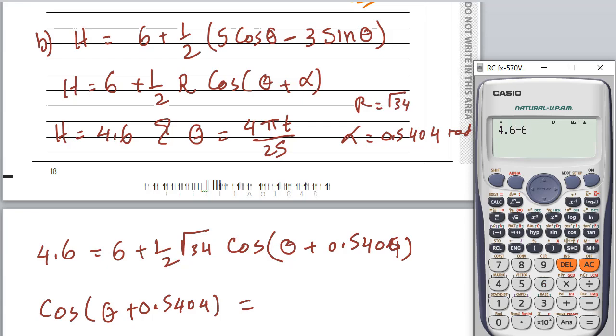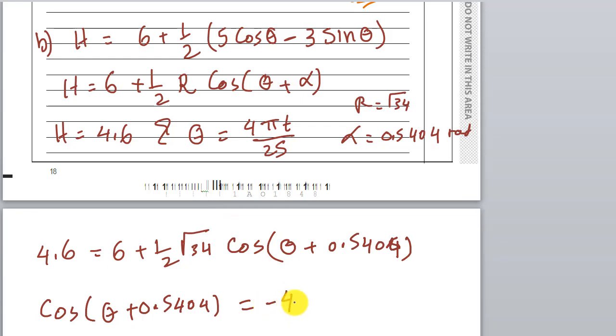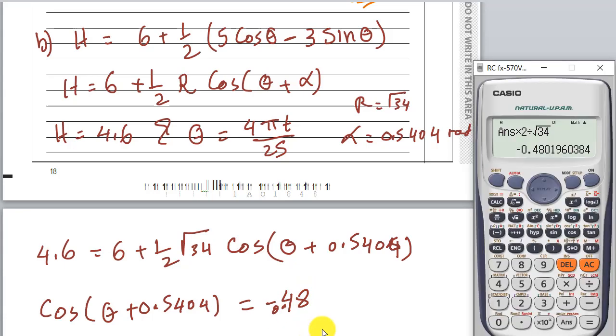4.6 minus 6 multiplied by 2 divided by square root of 34. So this is our cosine, which is equal to minus 0.4802.